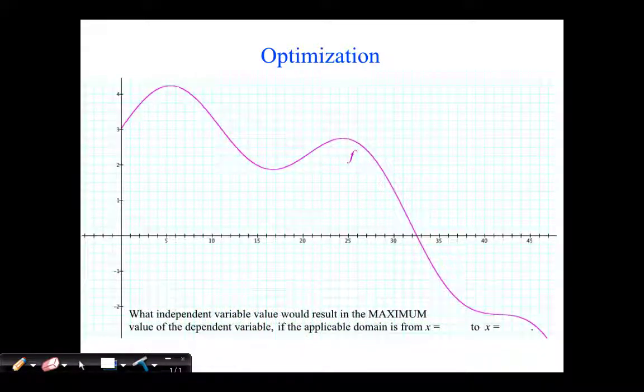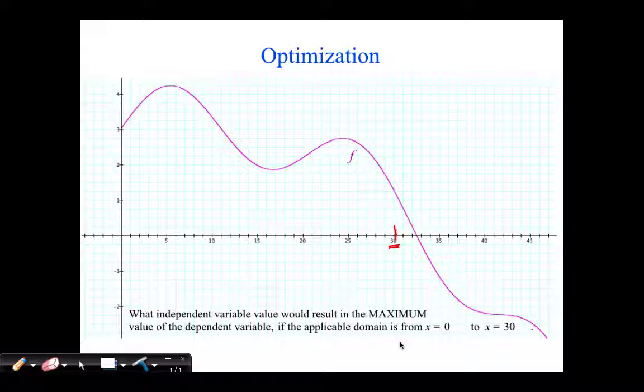In any case, suppose that I'm looking at this function and I just want to consider finding a maximum if the domain is x equals 0 through x equals 30. So 30 is here.